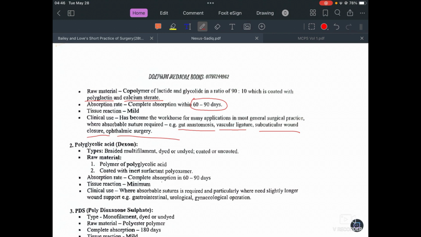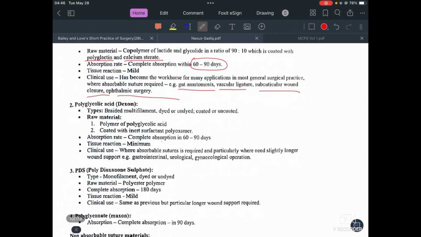So this four part, when we need to anastomose the cut, and we need vascular ligature, and we need subcuticular wound closure, and ophthalmic surgery.